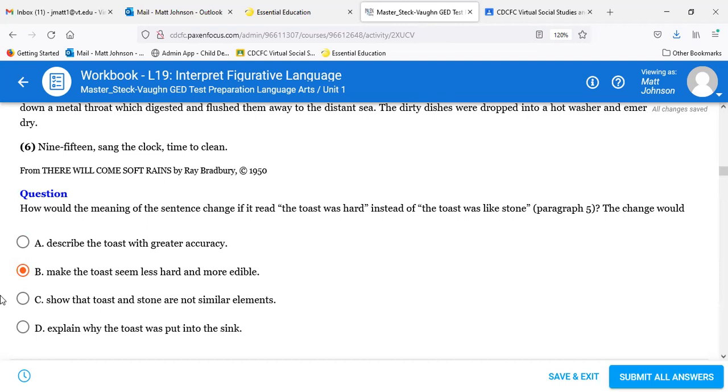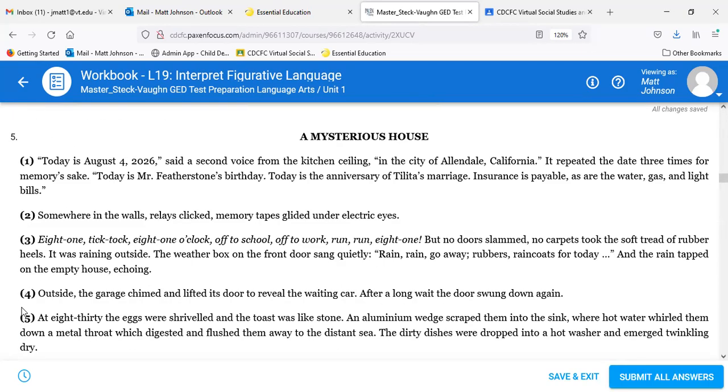Of course, it's not similar at all, but it's that comparison, that simile, just like the cricket chirping, it gives a more specific idea. The reader has something to latch onto. So the toast was hard, I mean, it's effective, but the toast was like stone is much more descriptive and something you're probably going to pass on.